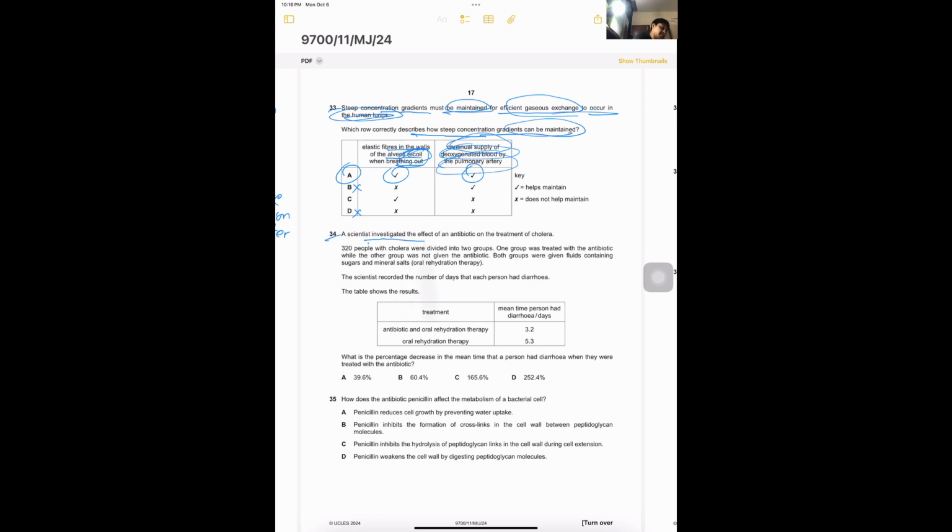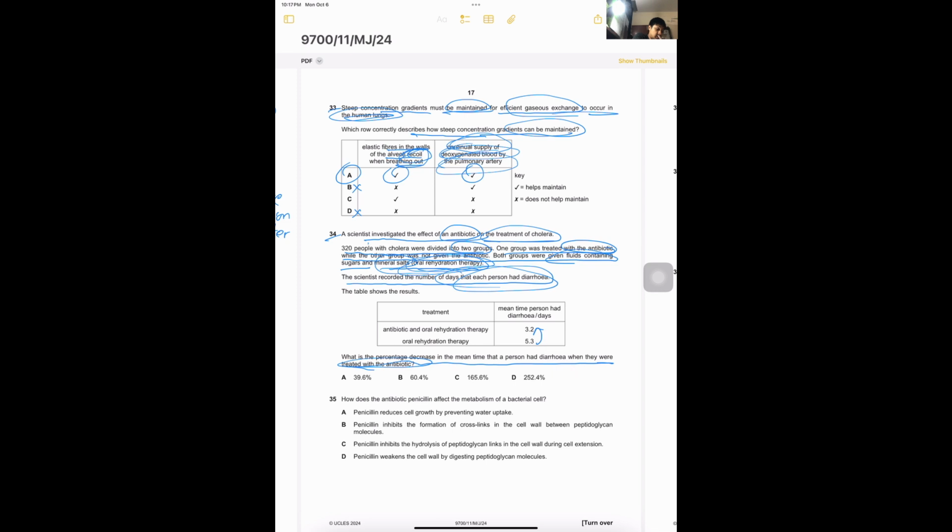Question 34. Scientists investigated the effect of an antibiotic on the treatment of cholera. 320 people with cholera were divided into two groups. One group was treated with antibiotic, while the other group was not given the antibiotic. Both groups were given fluids containing sugars and mineral salts, which is oral rehydration. The scientists recorded the number of days that each person had diarrhea. What is the percentage decrease in the mean time that the person had diarrhea when treated with antibiotic?